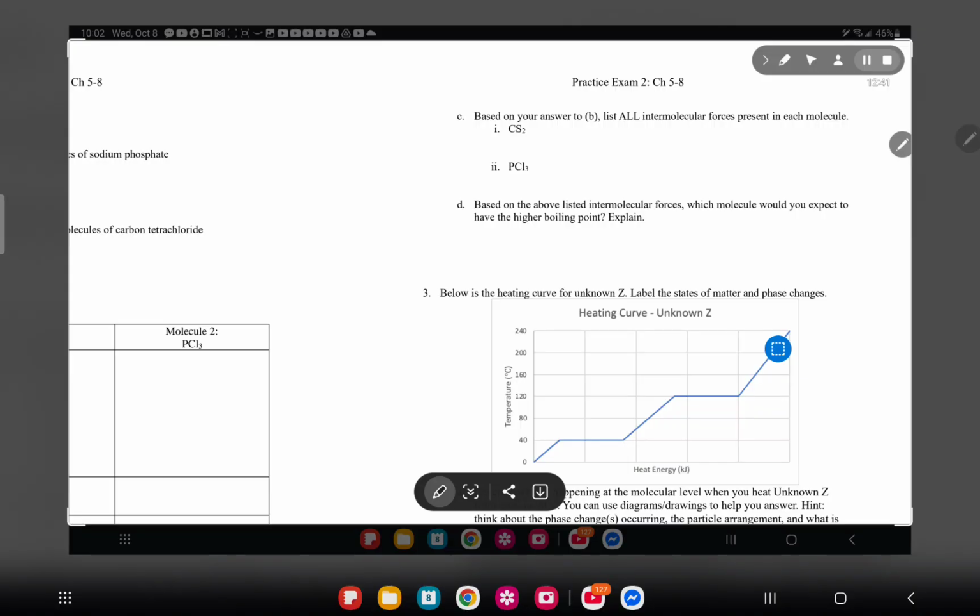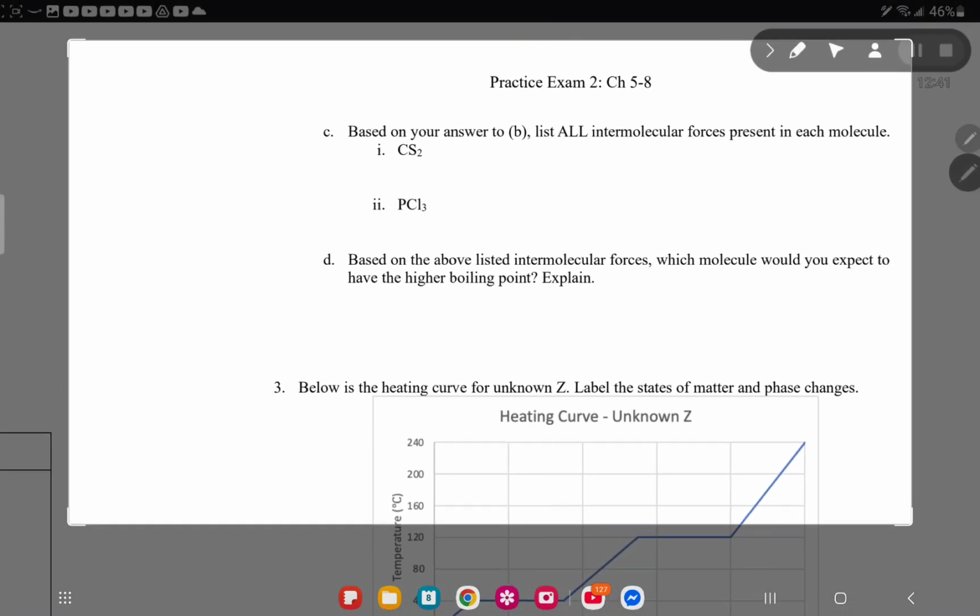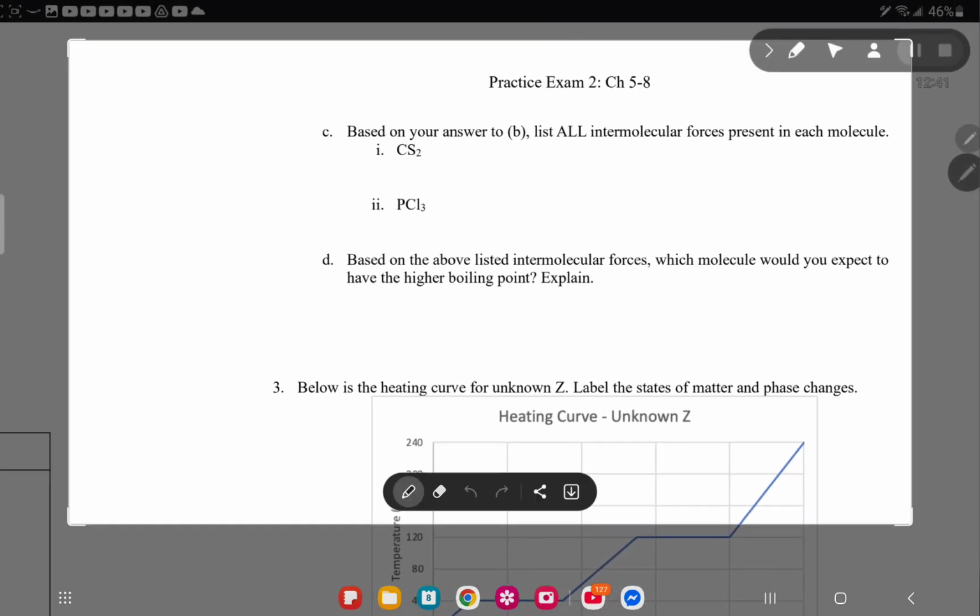So, based off of what we learned before, we know that non-polar can only have dispersion forces, right?